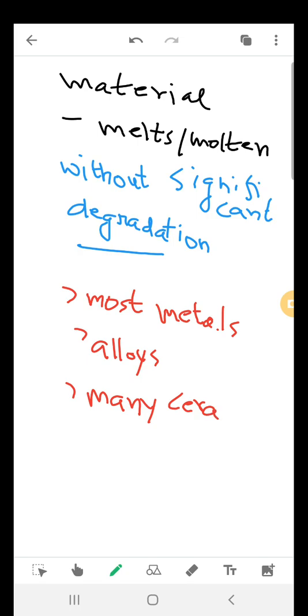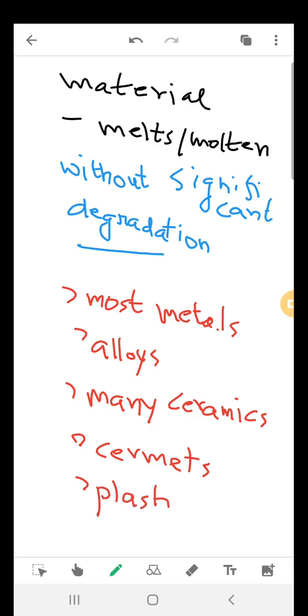The chemical nature is preserved. Then you have ceramic and metal composites, and then there are also some plastics which are not chemically degraded at high temperature. So these materials can be deposited with the help of thermal spray.